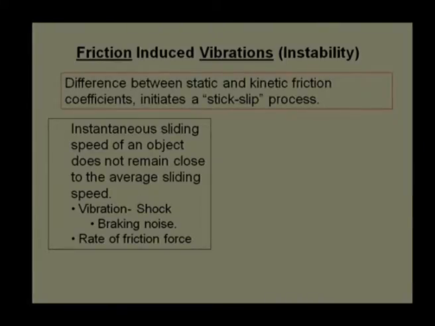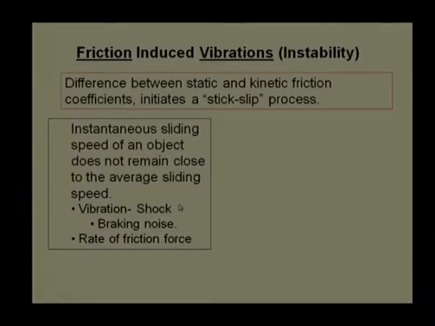This is coming because of the difference between static and kinetic friction coefficients, and this difference is initiating the stick-slip process. How? We are saying that anytime the instantaneous velocity of the object does not remain close to the average velocity, that means there is a continuous fluctuation in velocity.